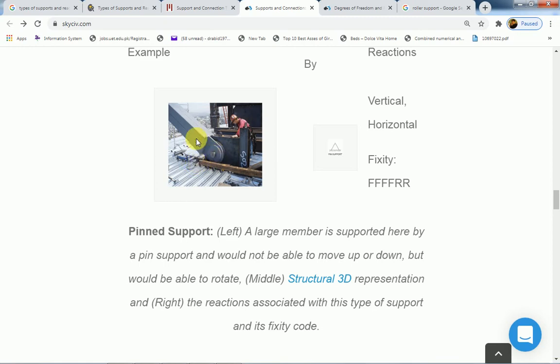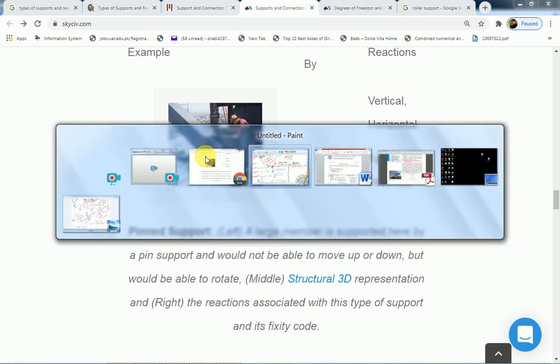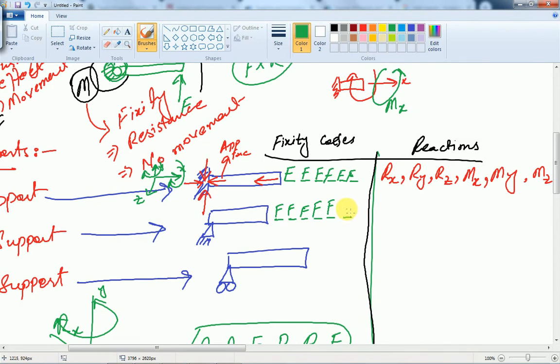Is this structure link able to rotate about this pin z axis? Yes, this arm or this structure can rotate from this position to this position about this pin axis, which is z axis. So for the z axis rotation, it is released.